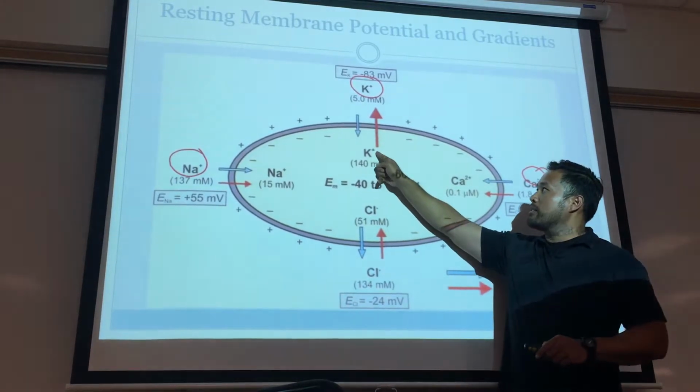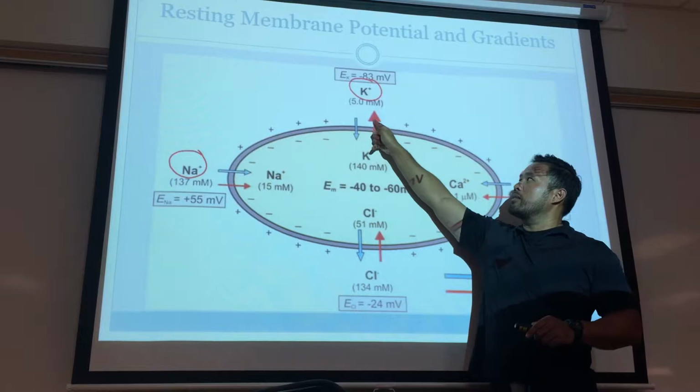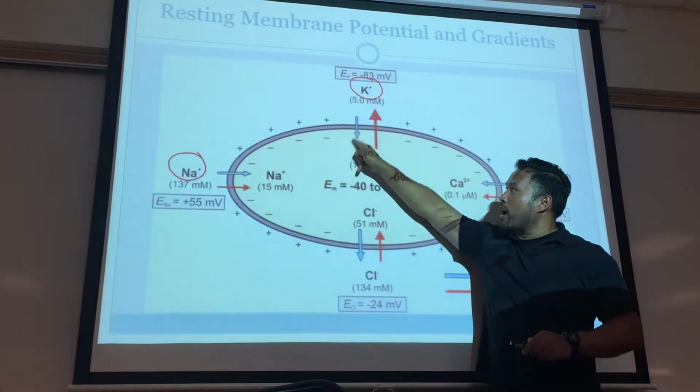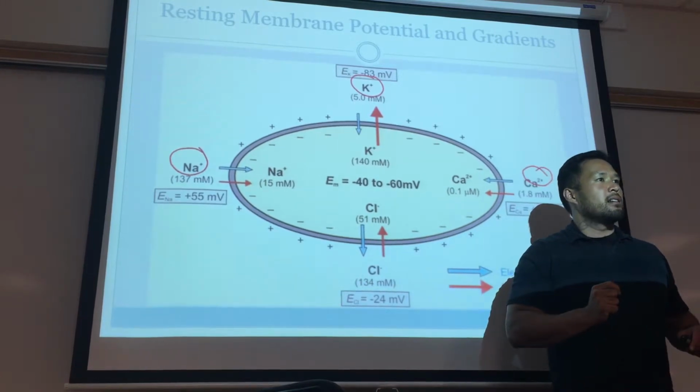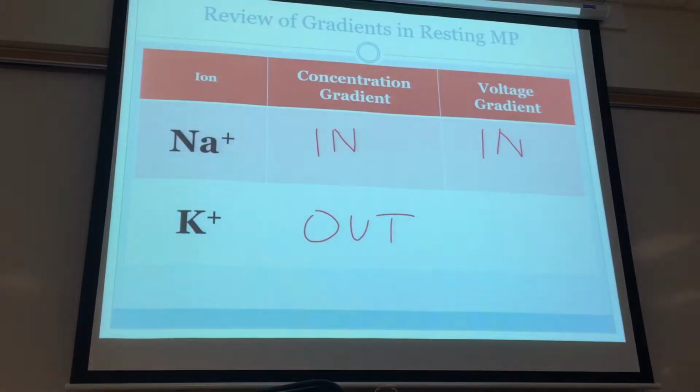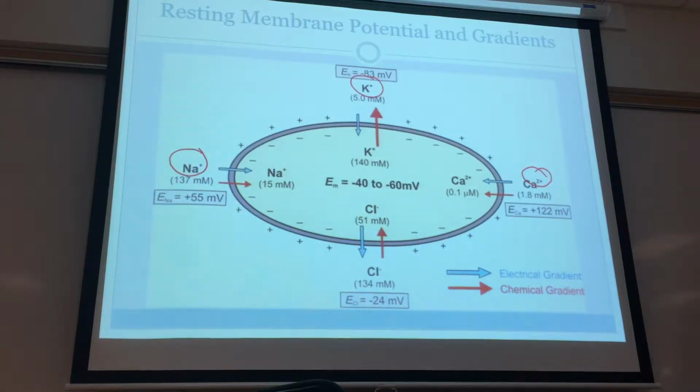If I imagine that positive ion moving out down its chemical gradient, there's going to be a little bit of a pull because there's a positive ion wanting to be attracted to the inside. So therefore, the electrical gradient is into the cell. So that explains our gradients there.